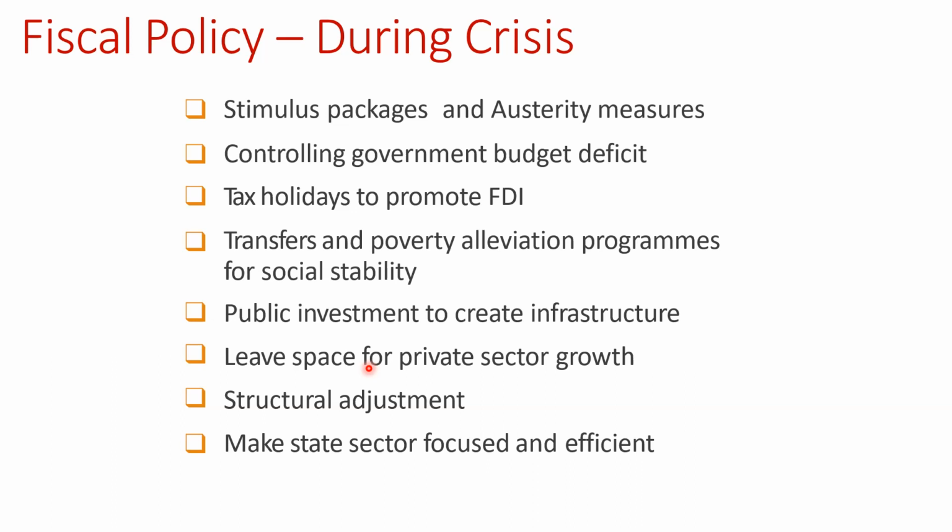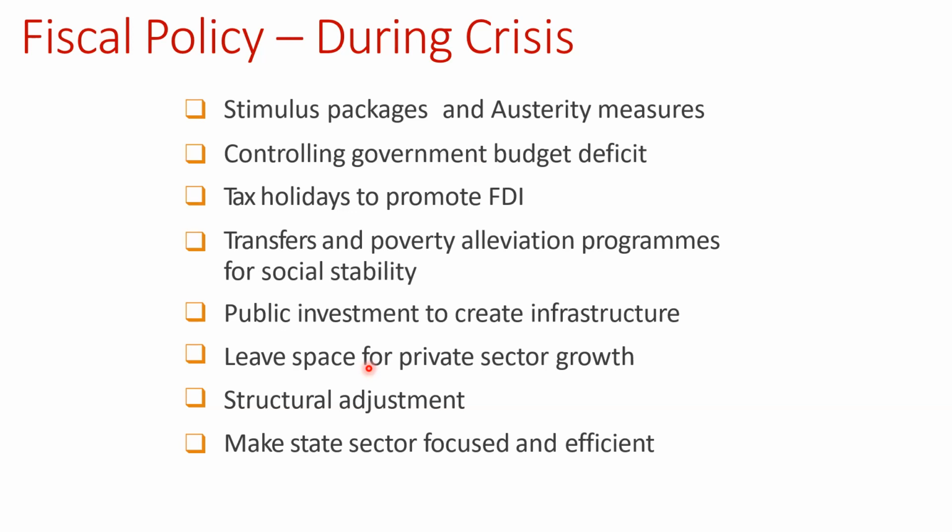Now, with the structural adjustments, they are indirectly trying to get some foreign currency to Sri Lanka through some way. You can't say it's privatization, maybe some kind of different name. Make the sector focused and efficient.